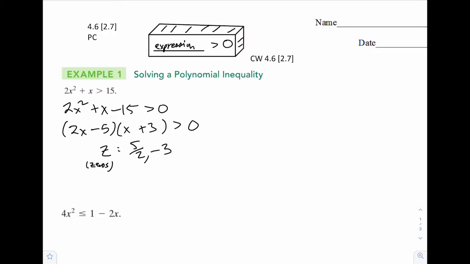I'm going to show you two methods today, and both are important to understand. Method 1 is going to be graphing. This is my preferred method because graphing these isn't too difficult. And you can actually do a shorthand graph where I'm only going to draw the x-axis right here.